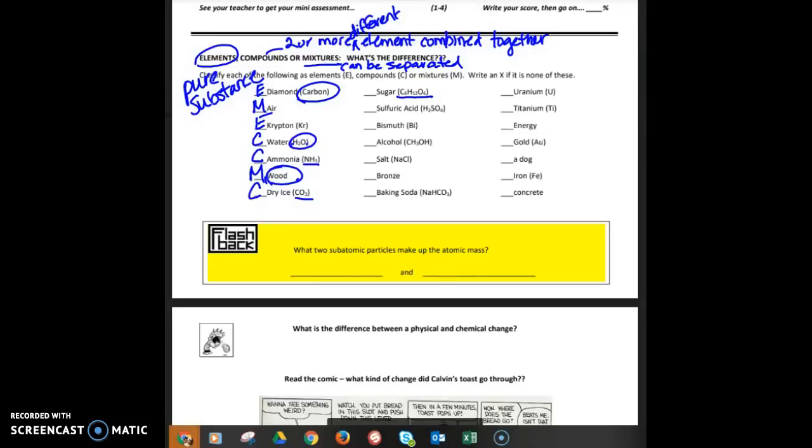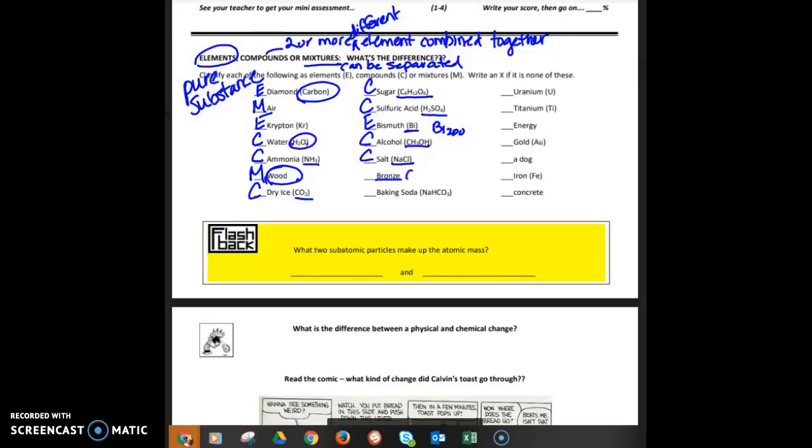Same with this one, two or more elements combined together, a compound. Two or more elements, compound. This is just bismuth, it's a pure substance, just Bi. Whether there's one Bi or Bi with 200 of them, not that there probably would be, but either way, if it's just Bi, bismuth, it is considered an element, pure substance. Two or more different elements, it's a compound. Two or more different elements, compound.